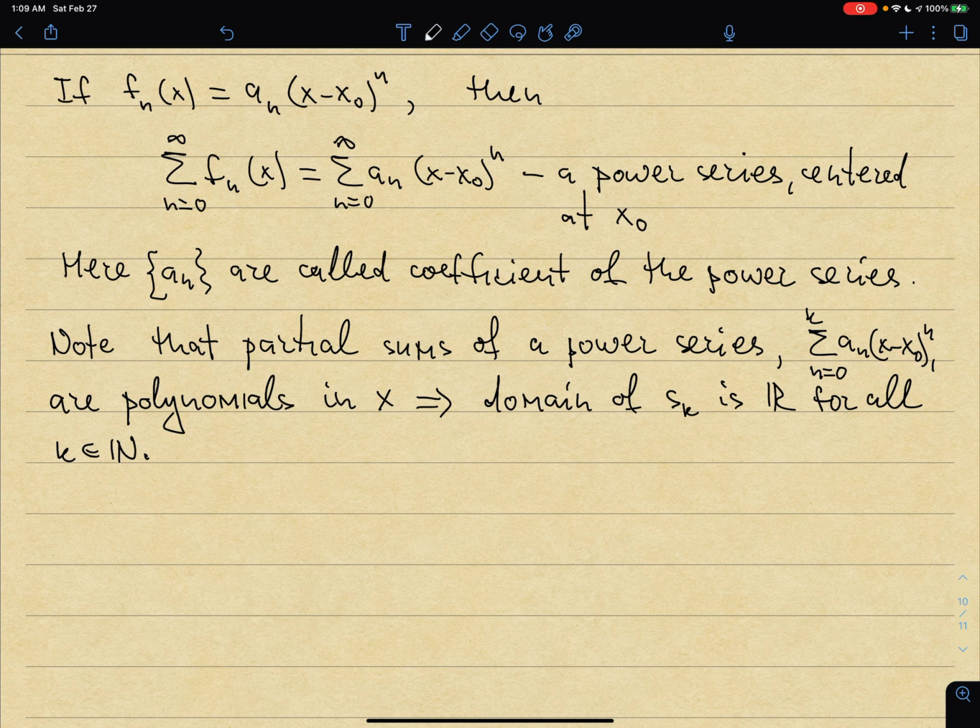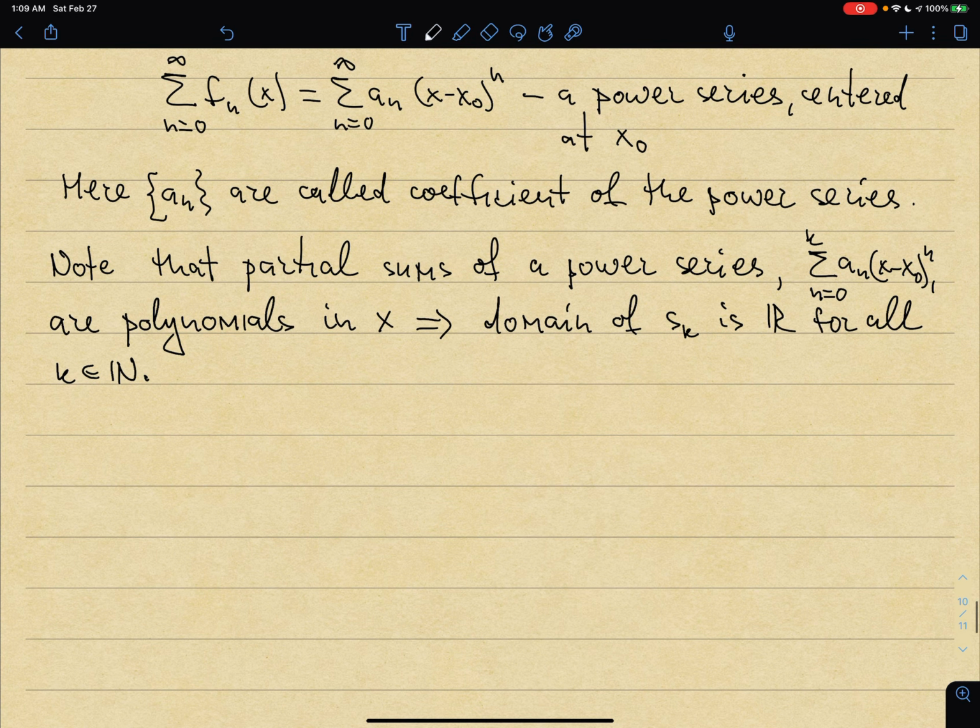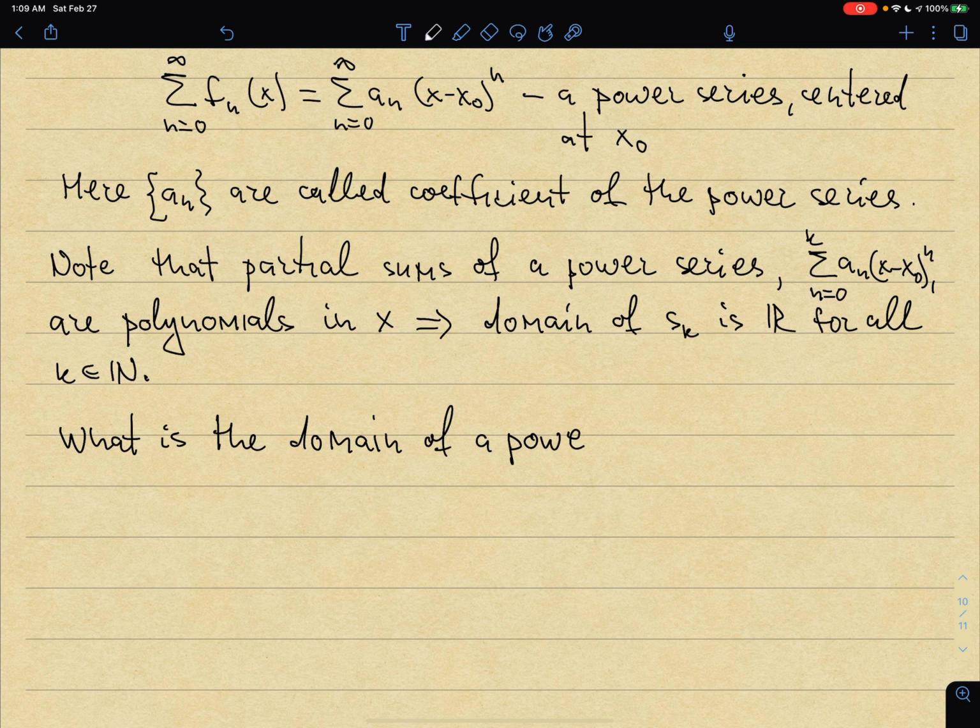Anyhow, so now the next question is, if I have a power series, what is the domain of the power series? And we're already fully equipped to answer this question. A power series, after all, is just a series, right?